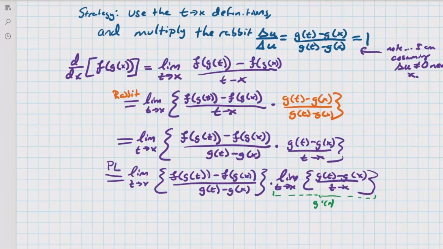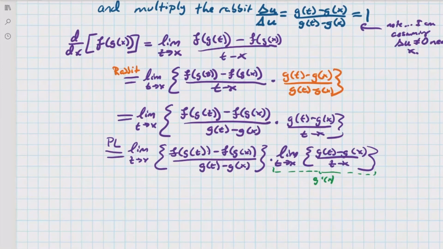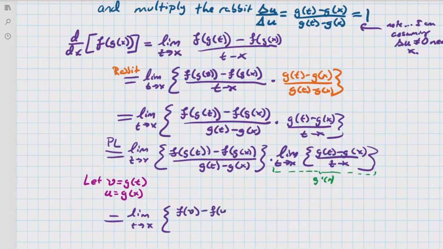All right. So what I'm going to do is say the following. Let v equal g of t and let u equal g of x. So now I've got the limit as t goes to x of f of v minus f of u all over v minus u.